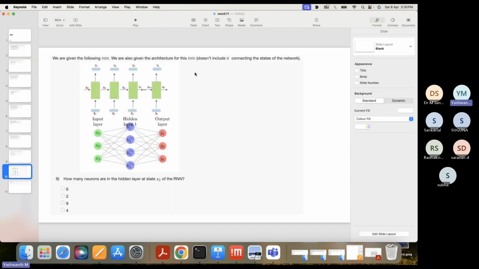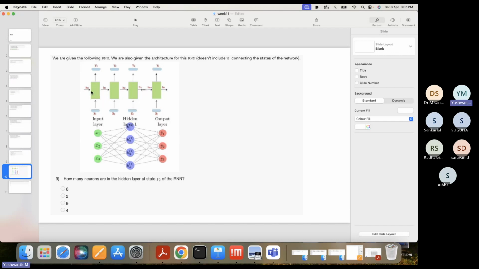Okay, so the next two questions are based on this architecture, the same thing that we have shown. Your input layer, you are getting a sequence here.